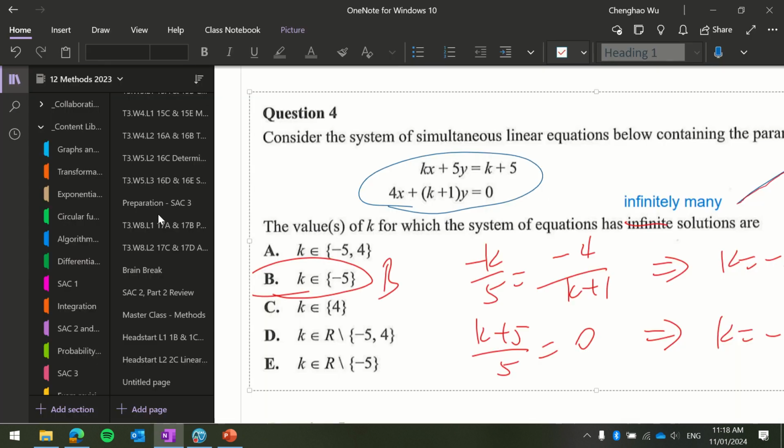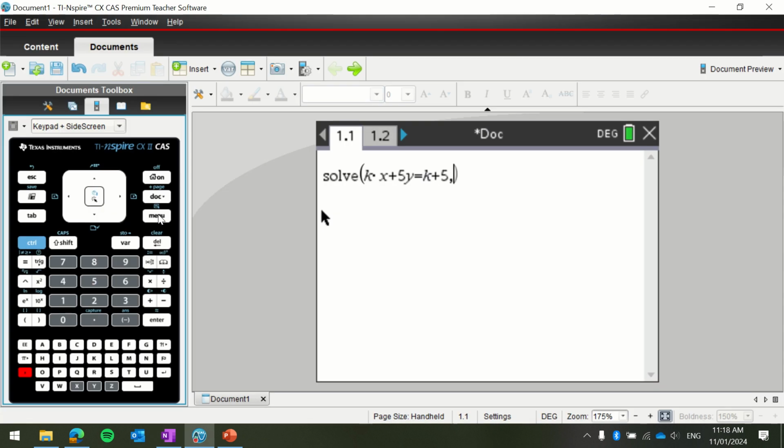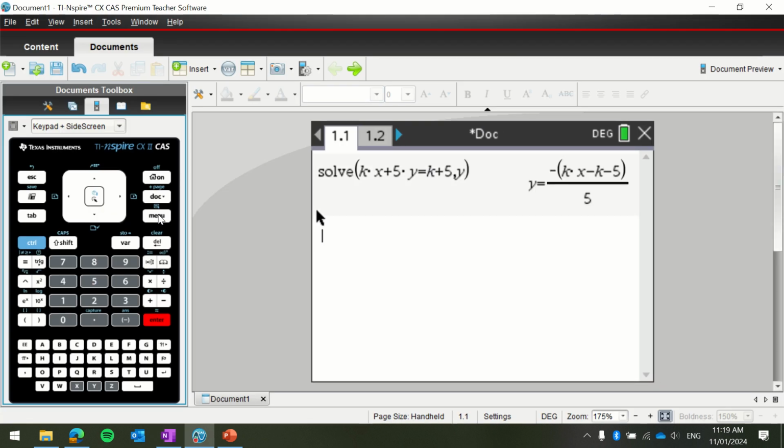Plus 5y equals k plus 5, and I'm making y the subject. It's still not exactly perfect, but you can now tell what the gradient is. The gradient is negative k over 5, basically. And if we expand the bracket, it's going to be positive (k plus 5) over 5. That's the y-intercept.